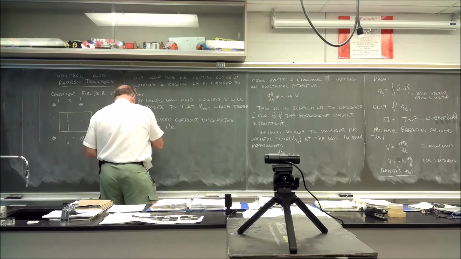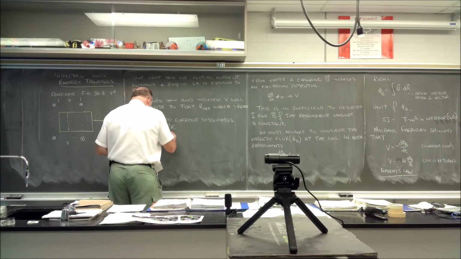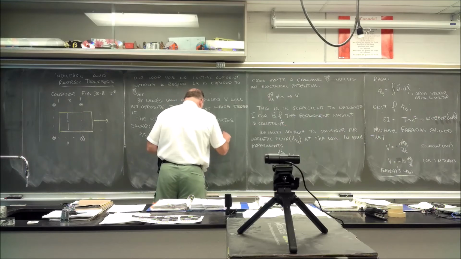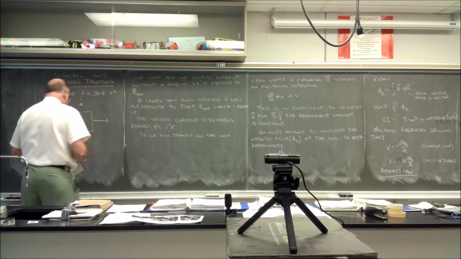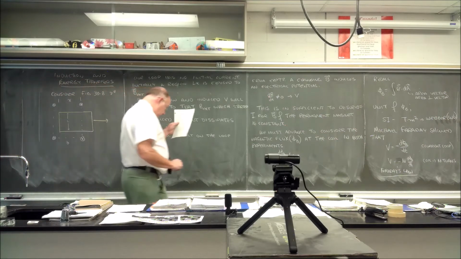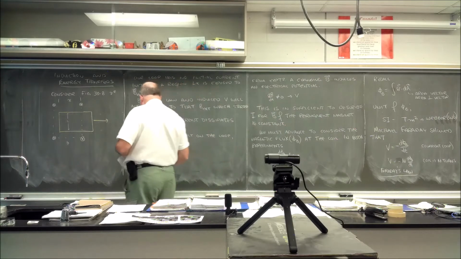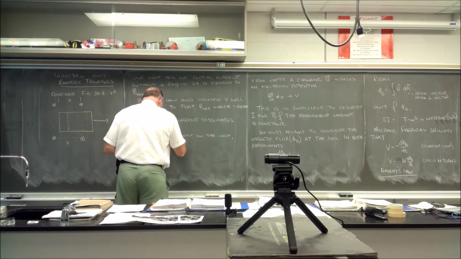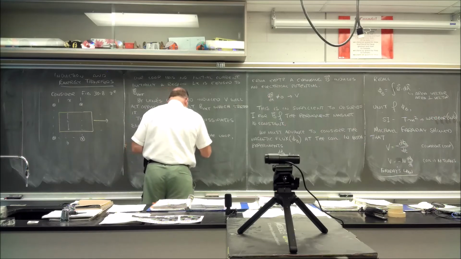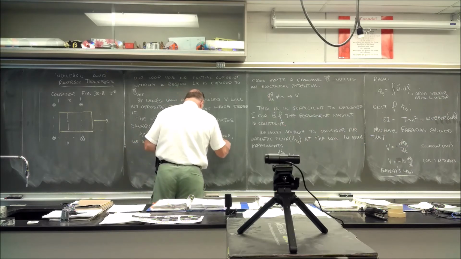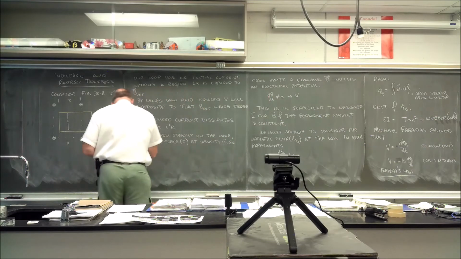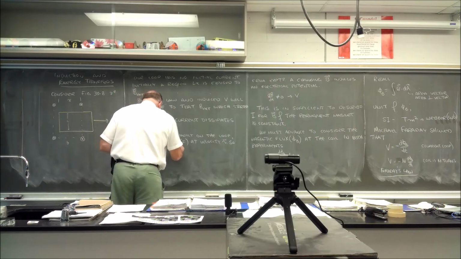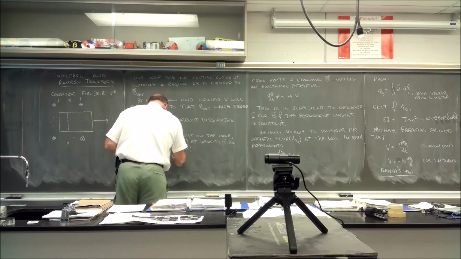As we pull steadily on the loop, and to be clear, we're pulling it to the right out of the magnetic field, we apply a force F at speed, or velocity if you want, V. So the mechanical power that we're exerting equals FV.